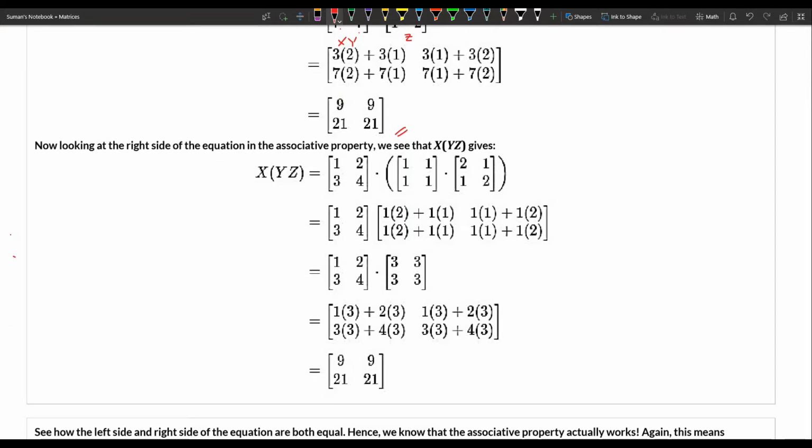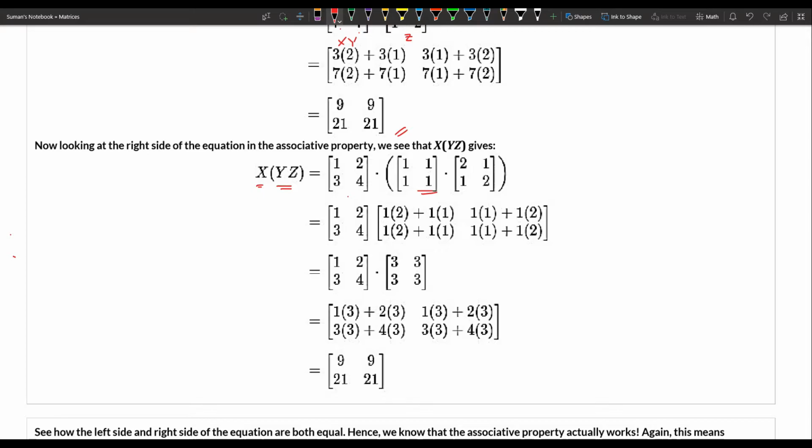Now looking at the right side of the equation, at first we multiply Y and Z, with X on the left hand of the multiplication sign. So 1, 2, 3, 4 on the left hand, and we multiply Y, Z at first. 1 into 2 plus 1 into 1, 1 into 1 plus 1 into 2, 1 into 2 plus 1 into 1, and 1 into 1 plus 1 into 2.